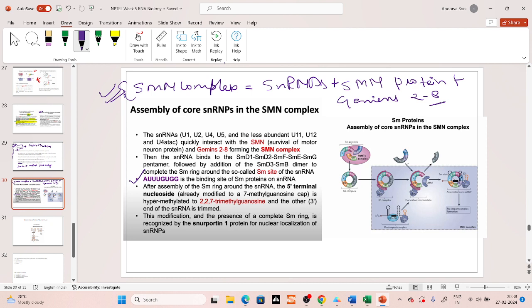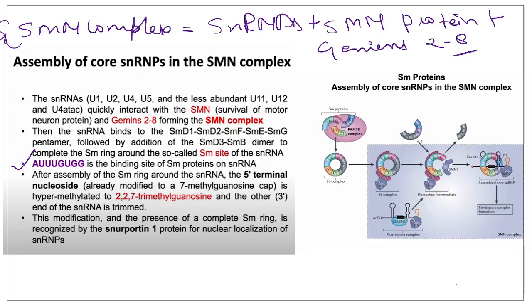This SMN complex basically helps in your splicing events. You can see over here that this SMN complex forms and helps in splicing. It performs a lot of important functions for splicing by forming a helical structure.